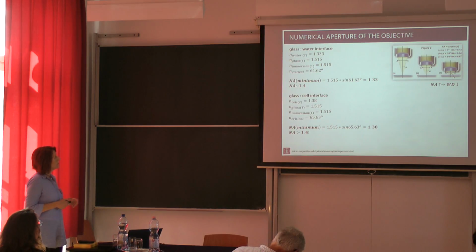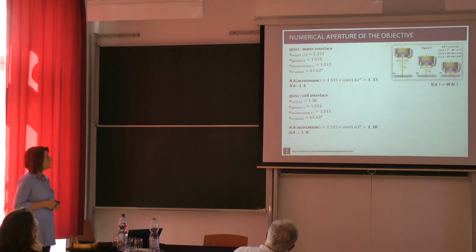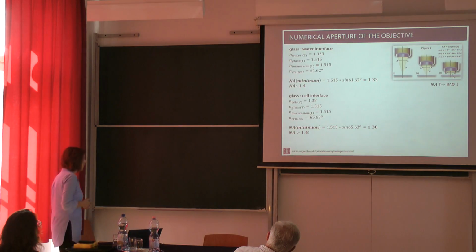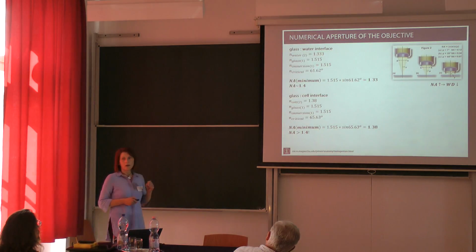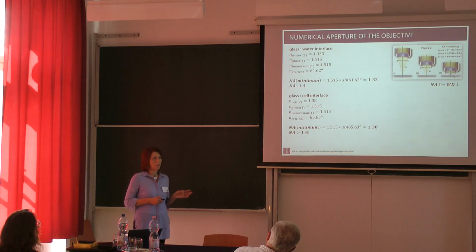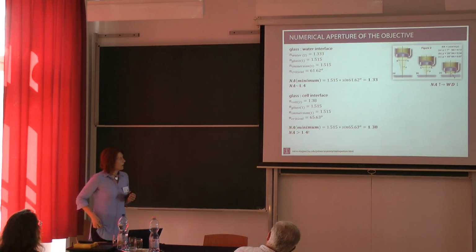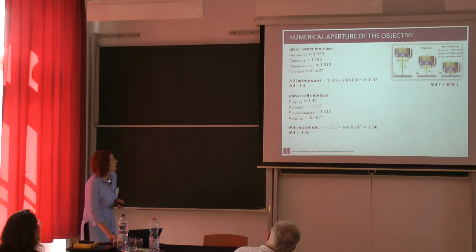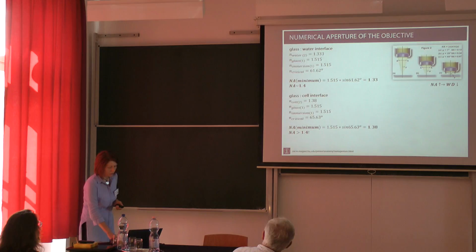You can see that it's relatively large. For the glass-cell interface, the minimum numerical aperture is 1.38, which is almost 1.4. So the numerical aperture of your objective has to be larger than this, because otherwise you are not able to illuminate your sample in the TIRF regime, at least with an objective.